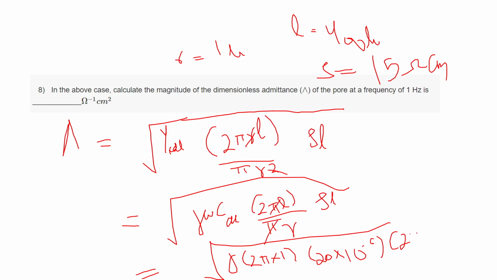L equal to 2 into 400 into 10 to the power minus 4, by R, which is 1 into 10 to the power minus 4, into rho. Rho is 15 ohm centimeter. So into one more L, so L into L square. I'm just writing it over here. Now, how will I solve it?